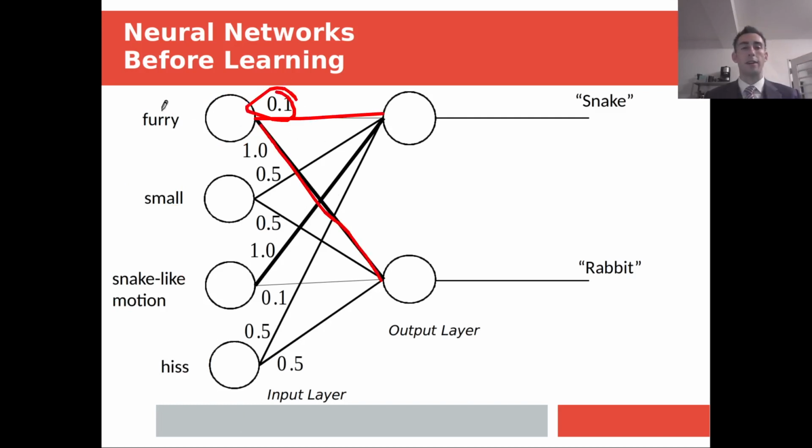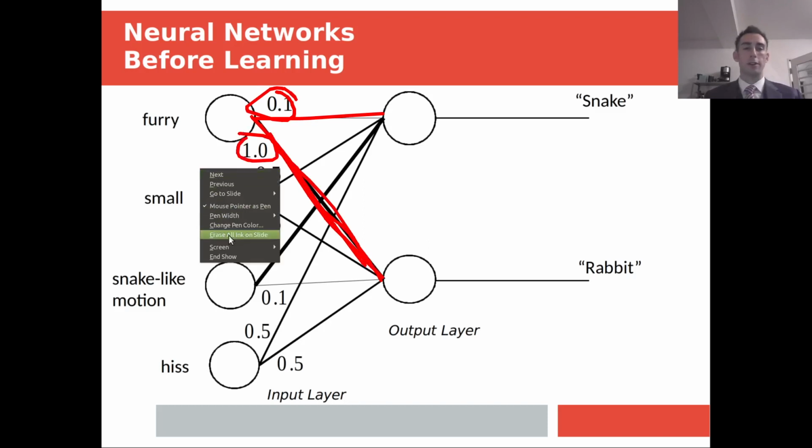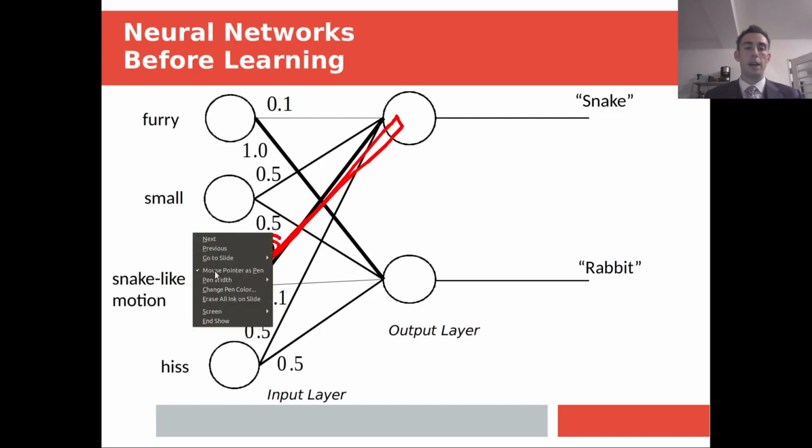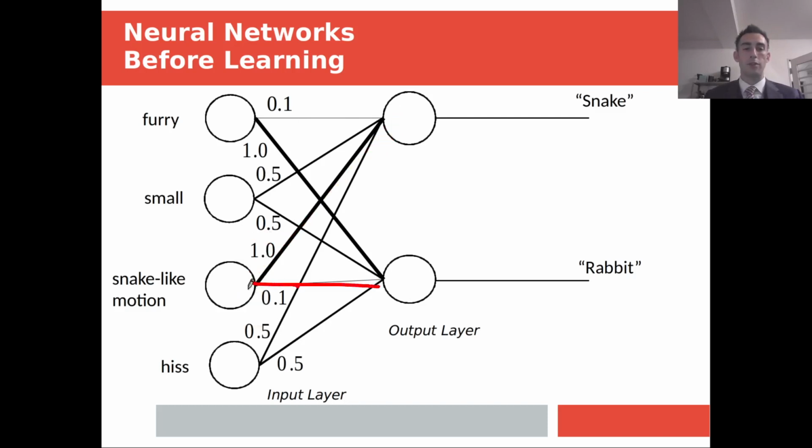The weight between furry and snake is 0.1. The weight between furry and rabbit, appropriately, is probably 1.0. It's stronger, because rabbits are furry, but snakes aren't usually furry. And snakes have snake-like motions, so the weight is 1, but rabbits don't have snake-like motions, so the weight is only 0.1.